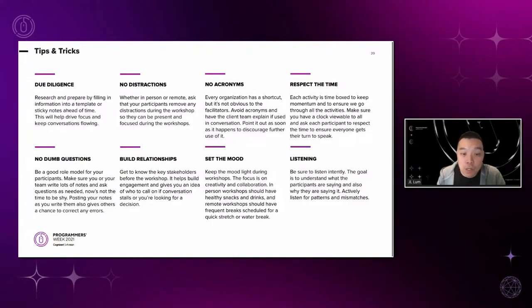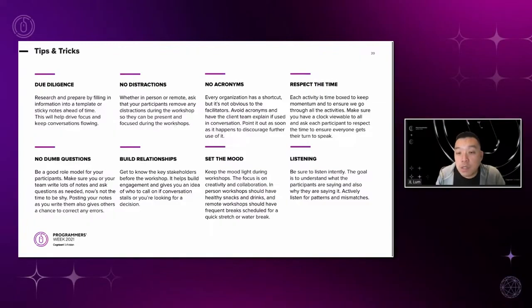Yeah, no dumb questions. Be a good role model for participants. Make sure you're writing down a lot of notes and asking questions as needed, because at the beginning of the workshop, I usually explain that we're definitely not the experts in this field. They are the ones that hold all the domain knowledge.